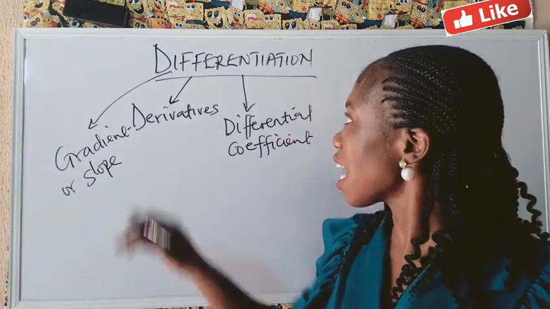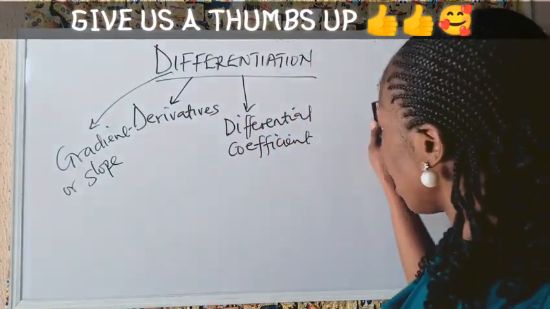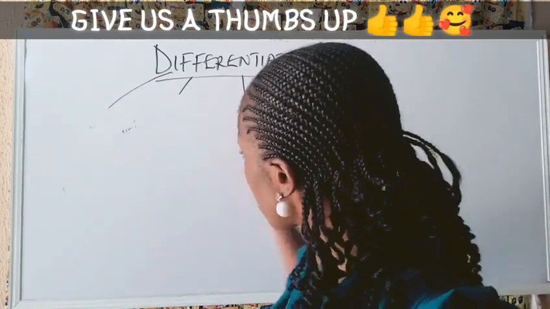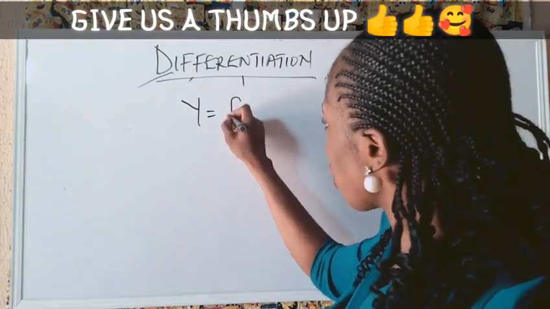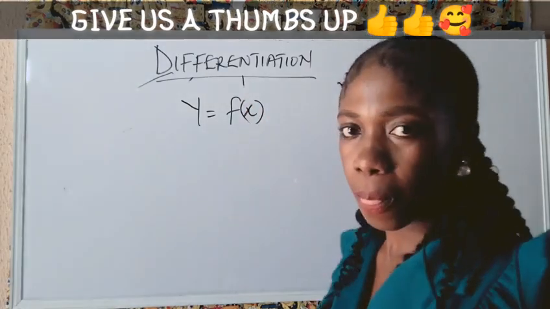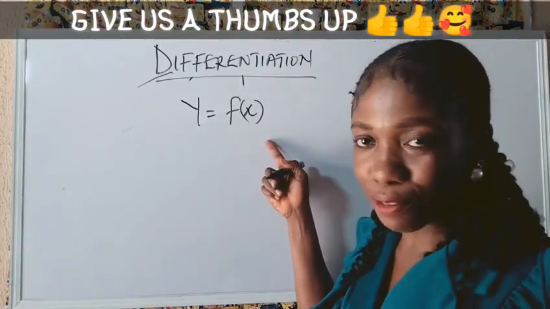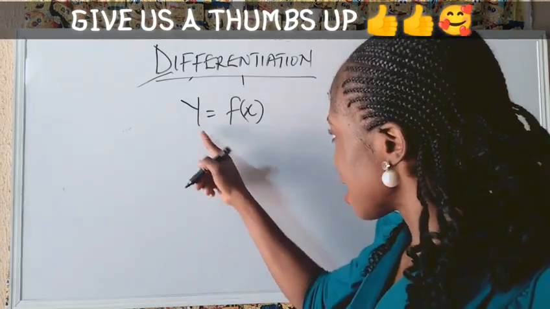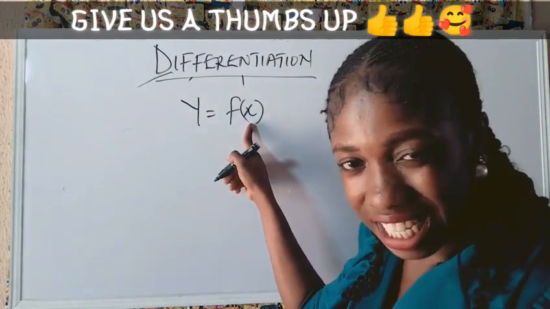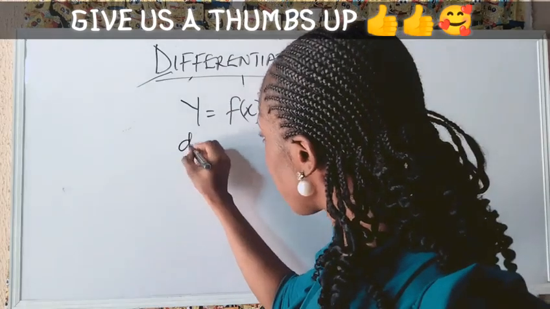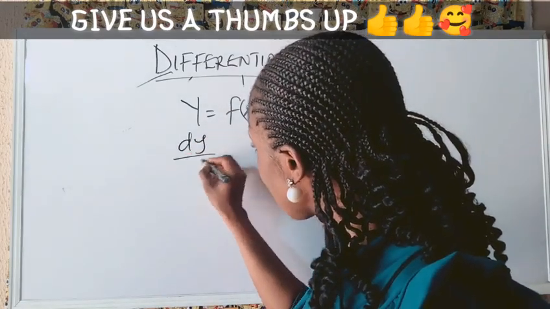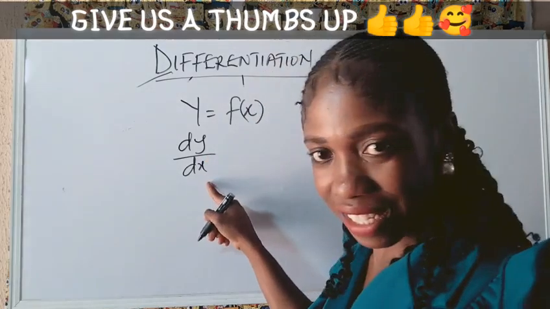Okay, now consider this particular function. Let's take it that we are given this function, say y is a function of x. Its derivative simply means, since y is a function of x, to get its derivative, you are going to have dy by dx.